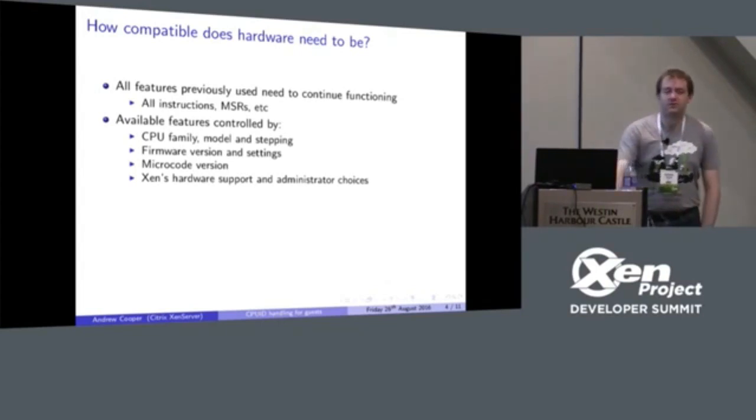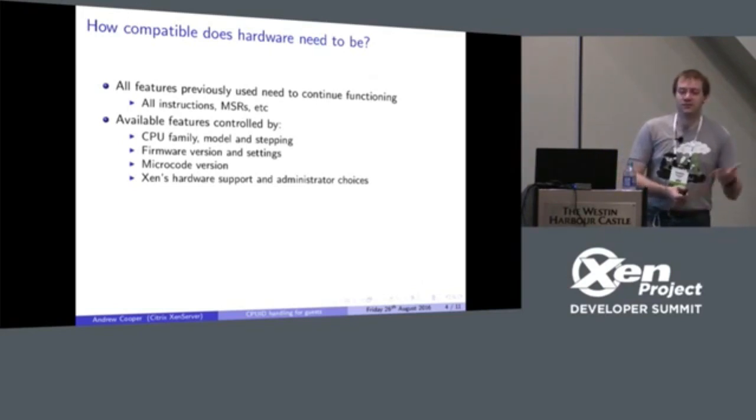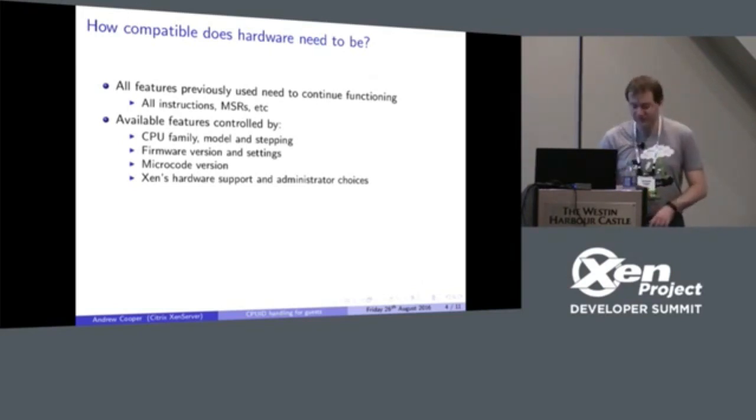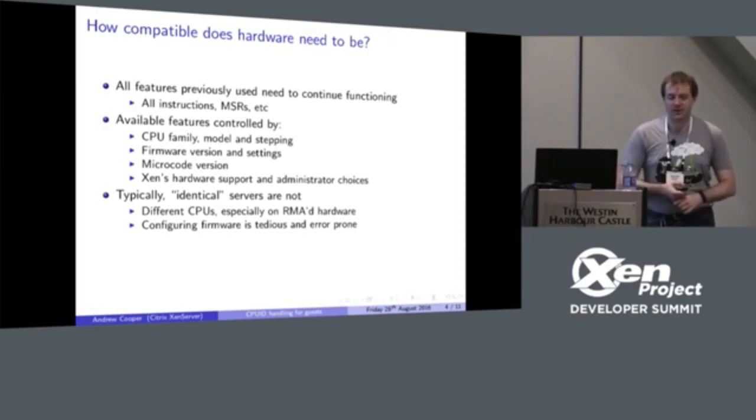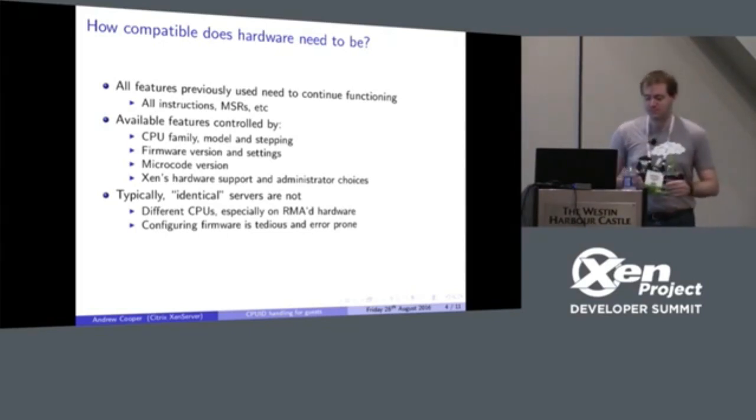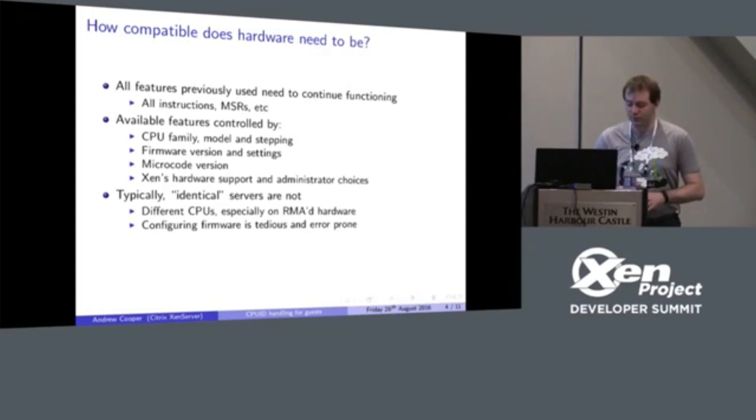And there's a whole lot of choices you can boot Xen with to enable or disable certain features. So as a result, the choices available are quite complicated and not very straightforward.